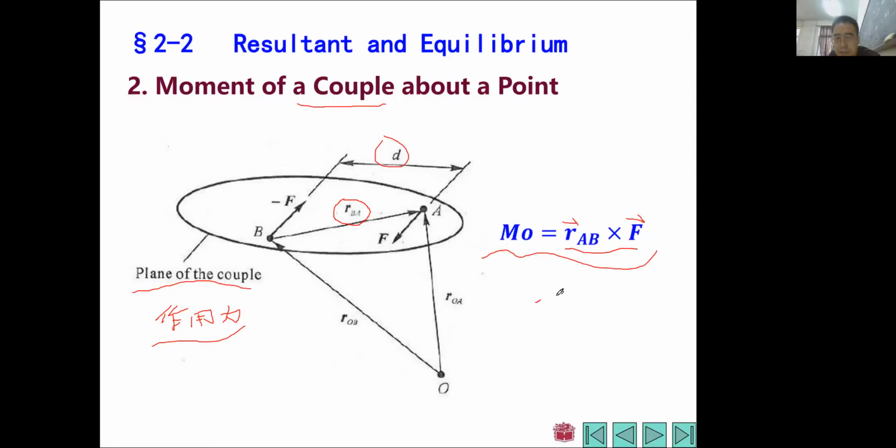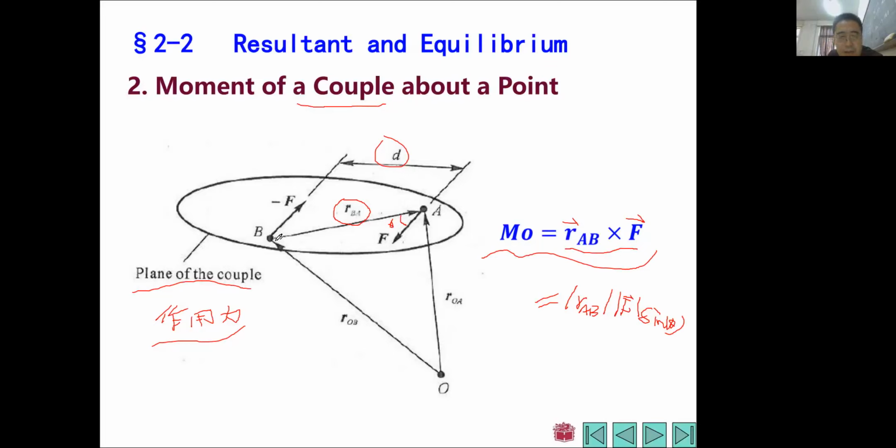Actually, this one equals the norm of R_AB and the norm of the F vector, and its sine of the angle, maybe theta, between this one and this one. So if this angle is theta, then R_BA cross product F equals this magnitude AB times this magnitude F times sine theta.